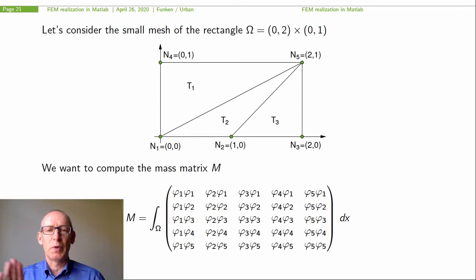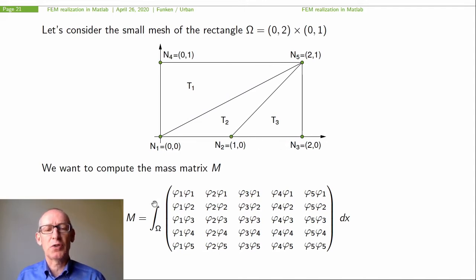Now, we consider a simple example. We have a domain. We have given here triangle T1 with node N1. Oh, that should be N4. And this should be N5, N2, and N3.